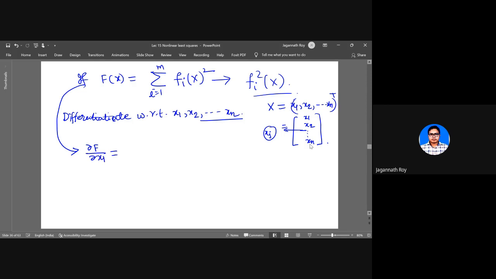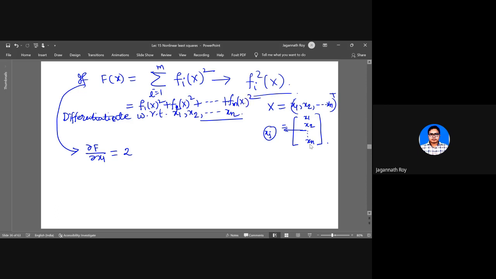So this will become, okay, let us expand this formula of this form: f1(x) squared plus f2(x) squared plus ... plus fm(x) squared.